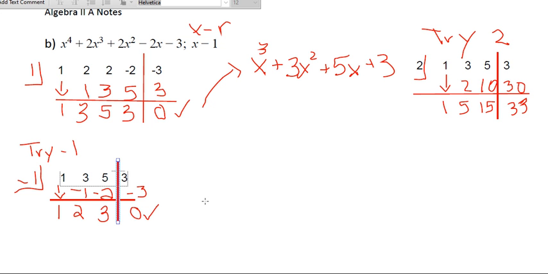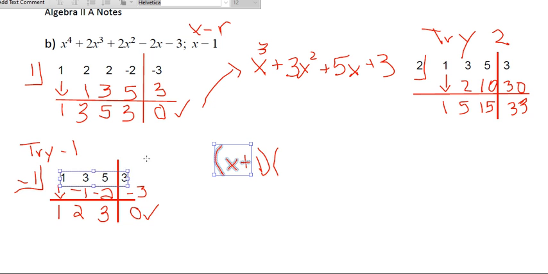So that's good. So what this tells me is one of my factors is x, if I put in minus 1, this was x plus 1.